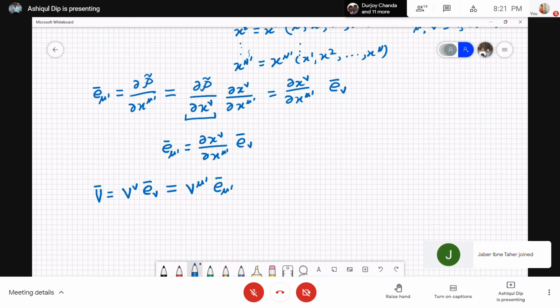So we could expand our e mu prime in terms of this relation. We could write like this.